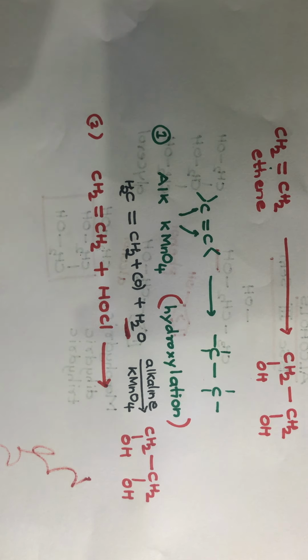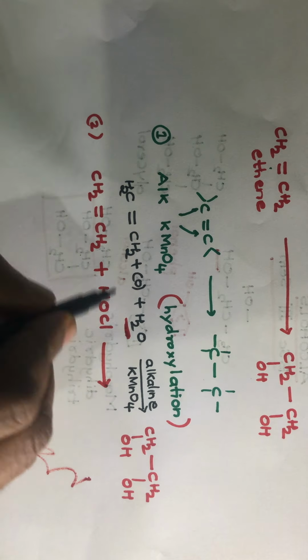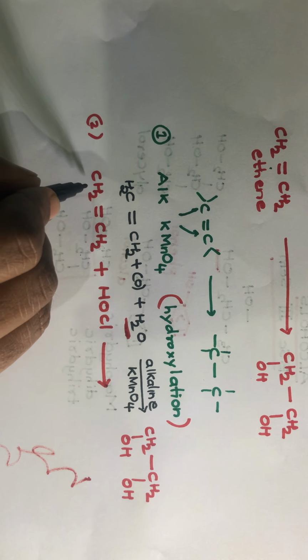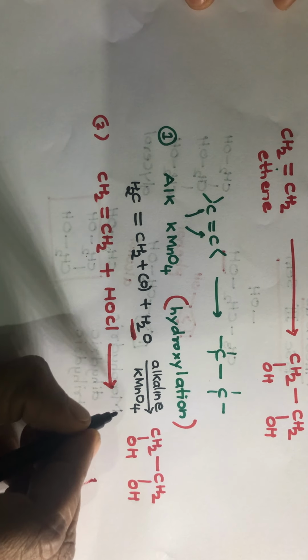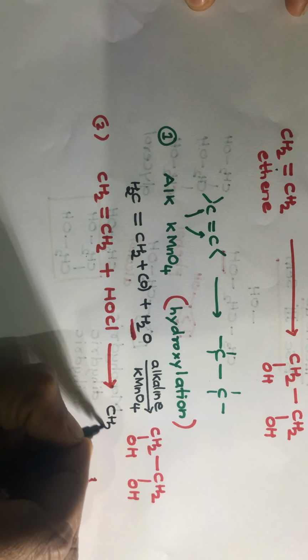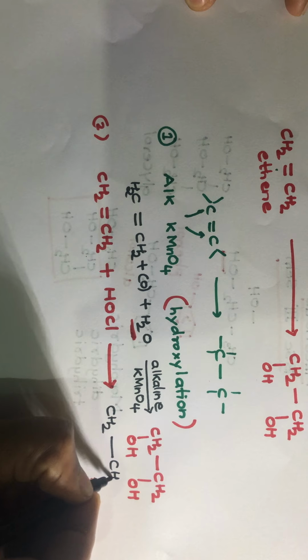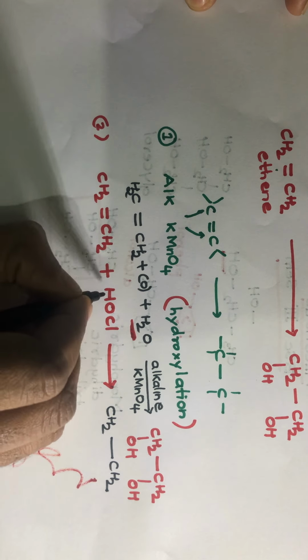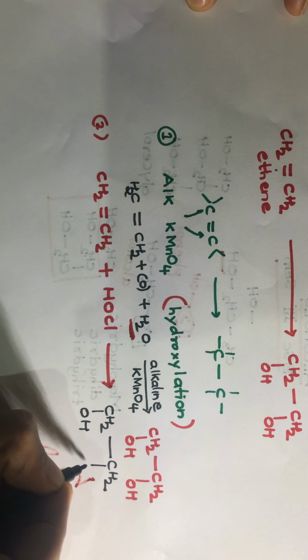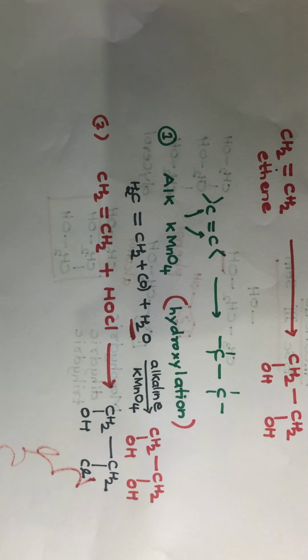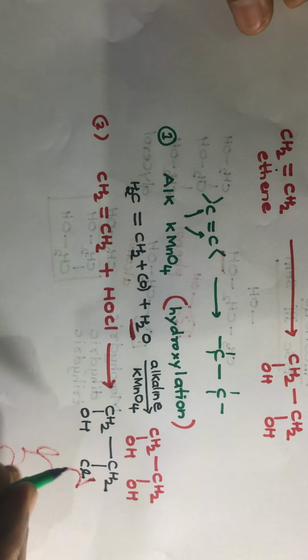When addition takes place, the double bond gets converted into a single bond. OH adds to one carbon, and Cl adds to another carbon. So you get this compound. This is called ethylene chlorohydrin.